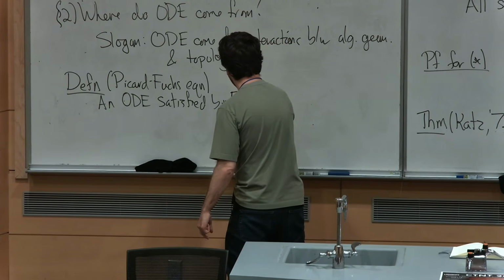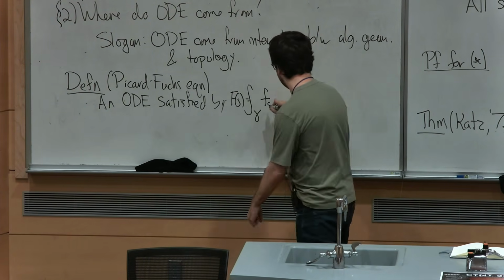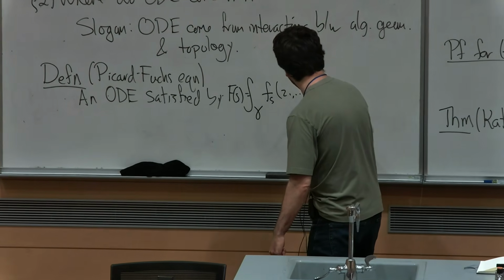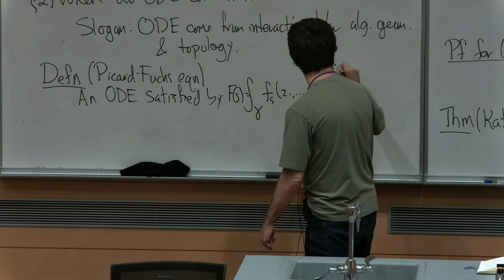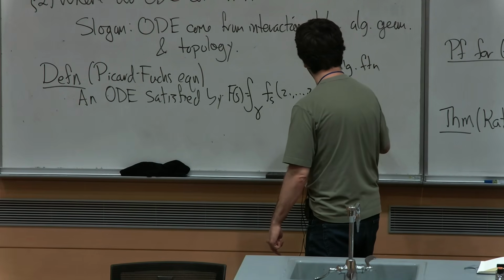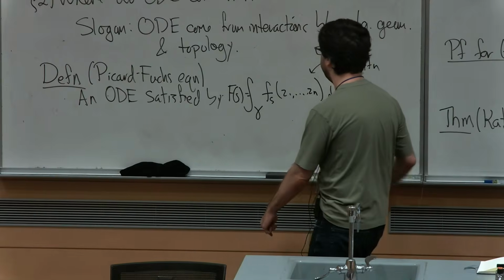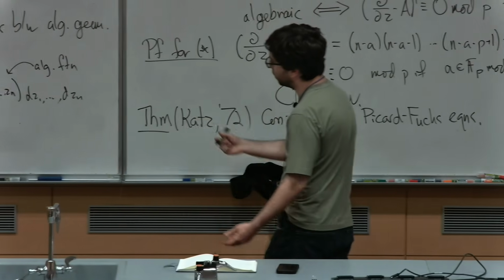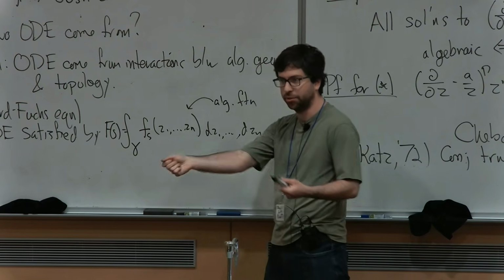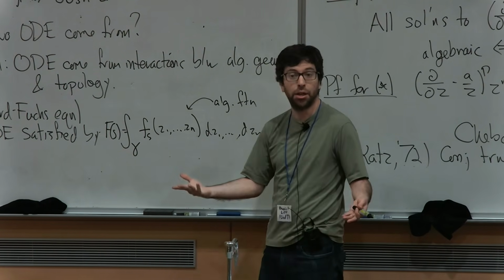So here I have f of s is this thing where little s is some algebraic function in many variables. Maybe I should put a dz1, dzn. Okay, so this is a function because I have a family of algebraic functions here that depends on s, and so for each value of s, I get a number.